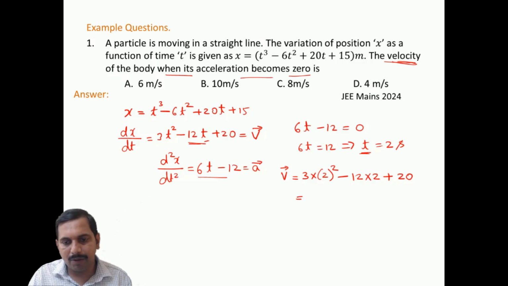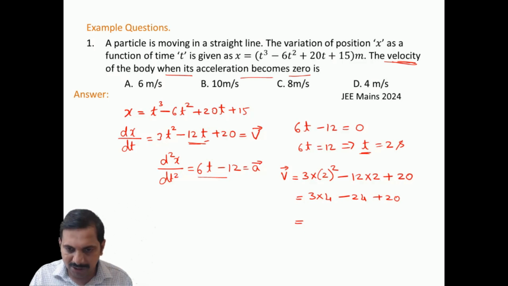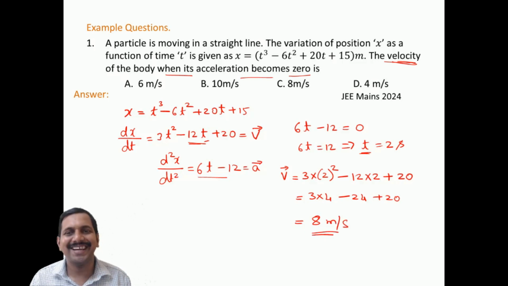So this would be equal to 3 into 4 minus 24 plus 20, that is 12 minus 24 plus 20, which is minus 12 plus 20, equal to 8. So answer is 8 meters per second.